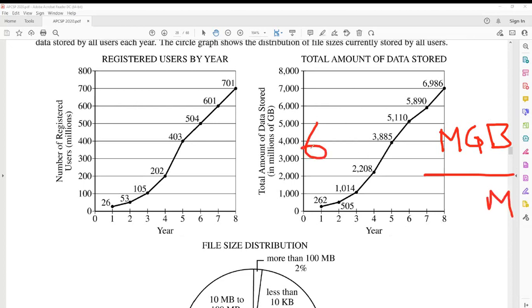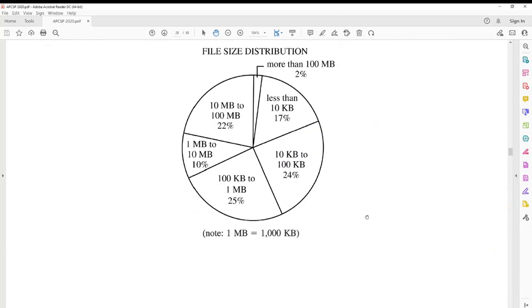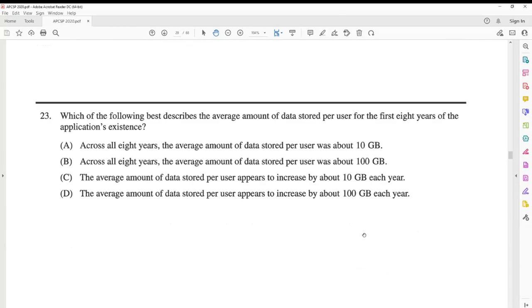So this one is about 7,000 million gigabytes versus 700 million users. So it's 10 gigabytes per person. So the rate is 10 gigabytes per person. For the 8 years, the amount of storage per person was 10 gigabytes.